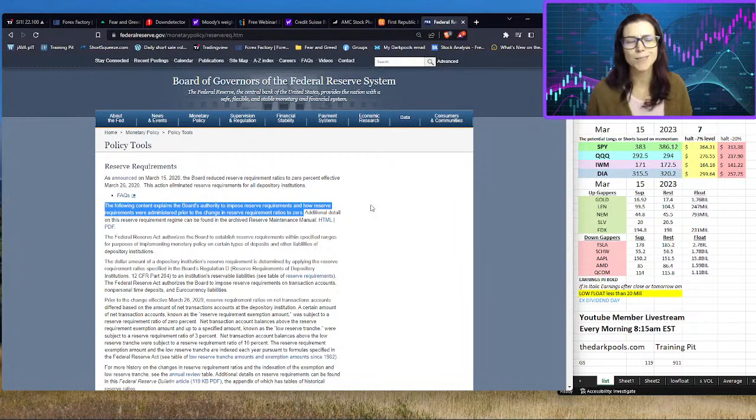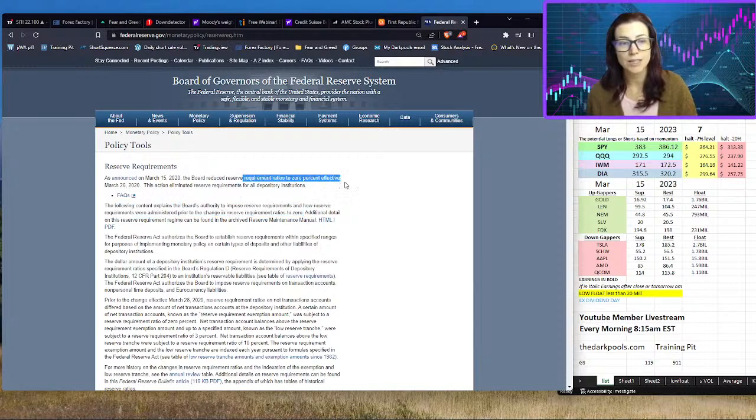Following content explains the board's authority to impose reserve requirements and how requirements were administered prior to the change in reserve requirement rates to 0. Reserve requirement ratio 0% effective March 26, 2020. This has been setting up for 3 years.